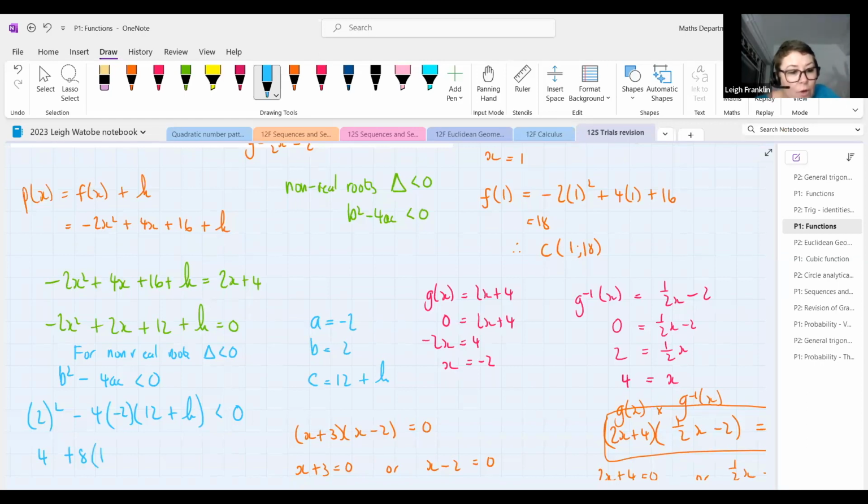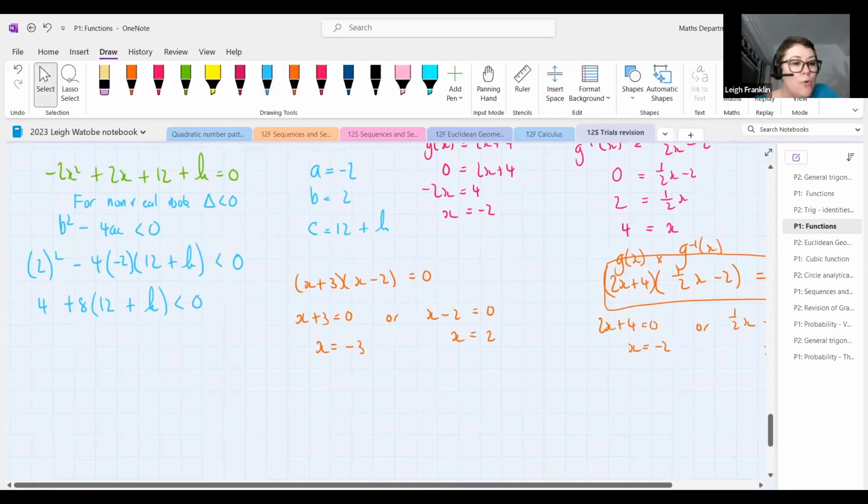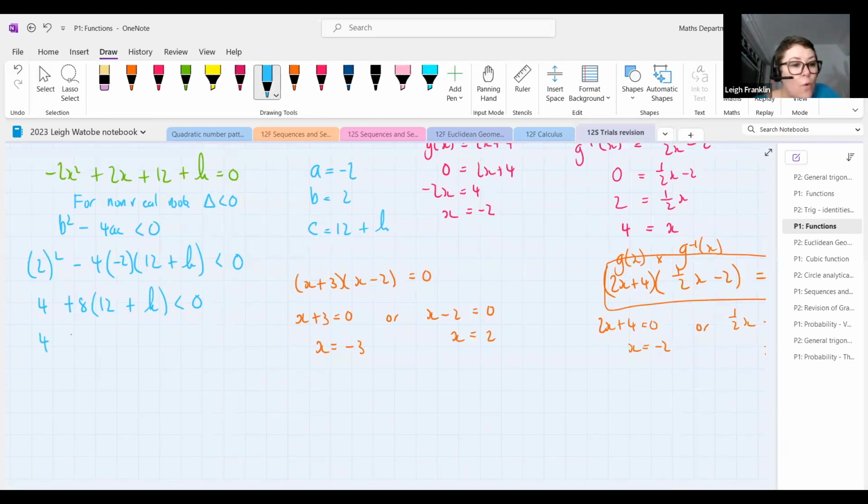And now we've got 12 plus k smaller than 0. So this gives us 4 plus 8 times 12, which is 96, plus 8k, smaller than 0.